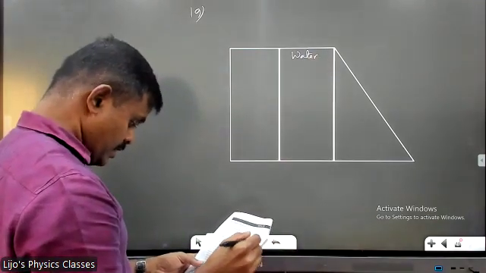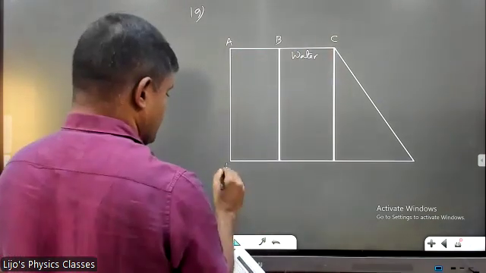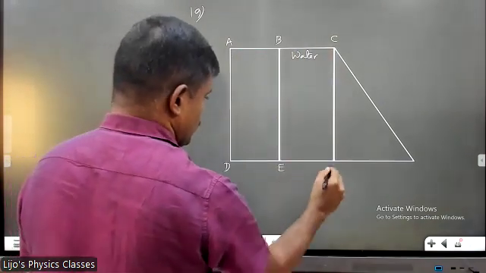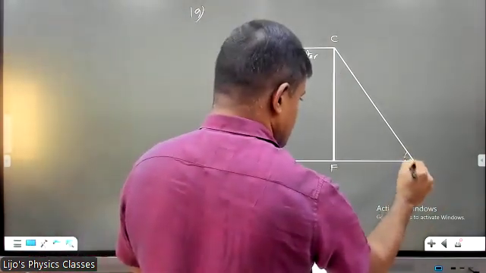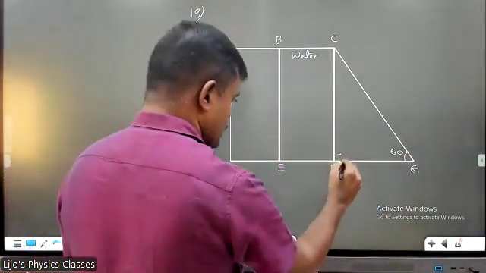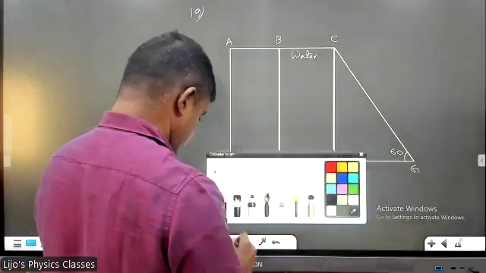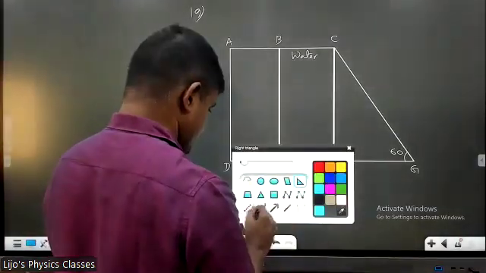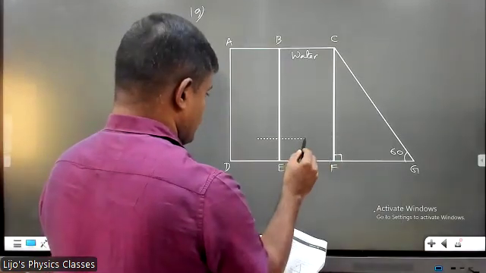And A, B, C, D. It was a 3-mark question. D, E, F. This is G. This angle is given as 60 degrees. This is 90 degrees. And there is a normal they have given drawn over here.